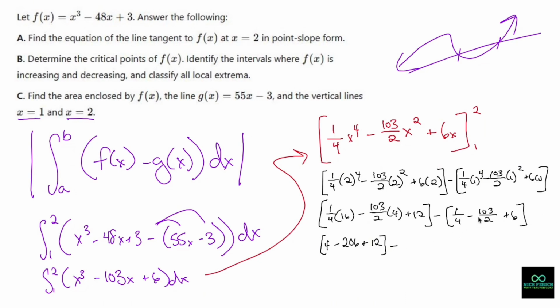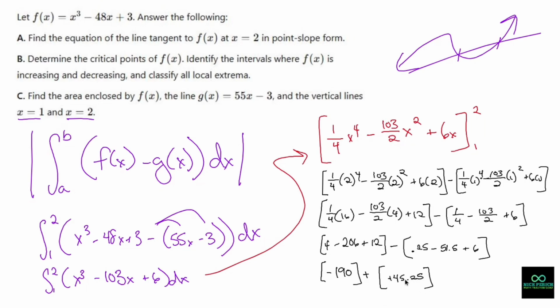If we combine these into one big fraction, I don't want to do it at all. Let's just do decimals. 0.25 minus 51 and a half plus 6. All right, that first bracket, negative 206 plus 16 is negative 190. You become negative 45.25.